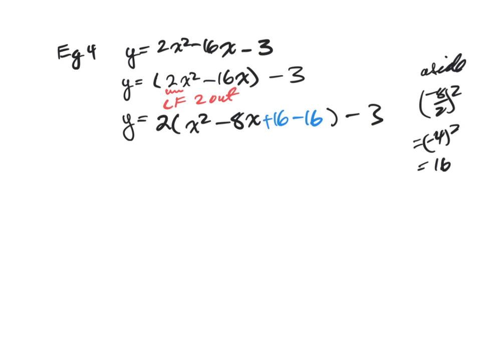Okay? And so now we're going to do exactly what we did before. We end up with this whole part in a bracket. So we end up with y is equal to 2 bracket x squared minus 8x plus 16 in its own bracket.